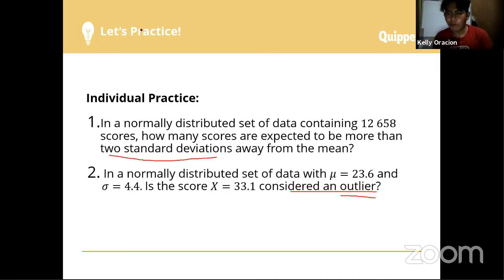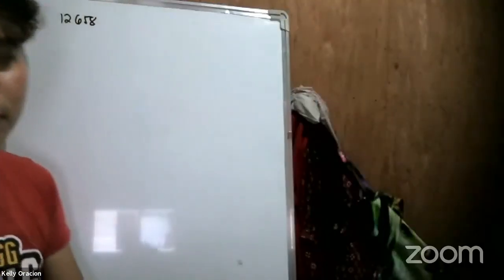Okay, let's solve our first problem. 12,658. Wait lang. 12,000.